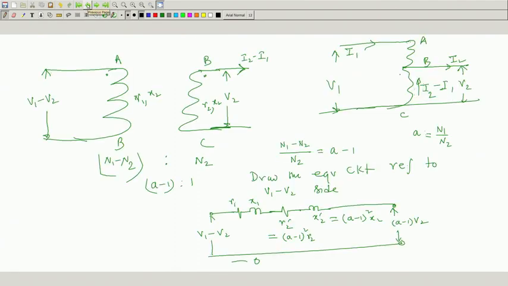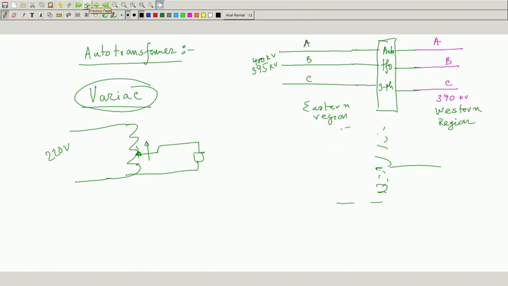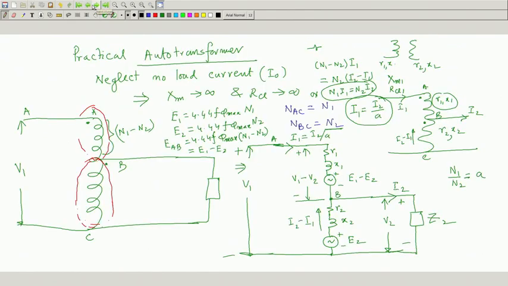You recall from my earlier lecture, this was the actual practical auto transformer, and I assumed the usual current distribution. Here is I1, here is I2, and this part AB has N1 minus N2 turns, and part BC has N2 turns.